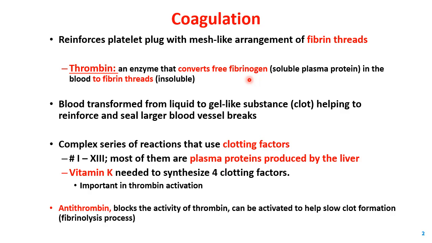In order for you to get fibrin, you have to get the fibrinogen and activate it, and the enzyme that does that is called thrombin. Thrombin breaks fibrinogen into fibrin threads. All right, so we're forming the clot.